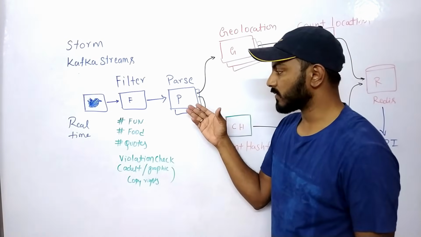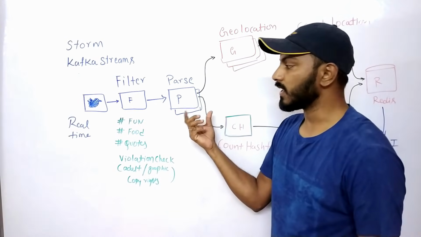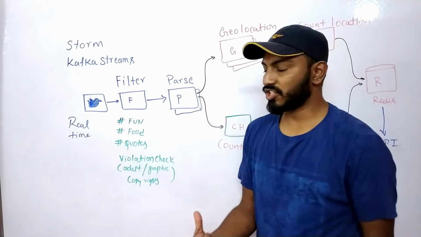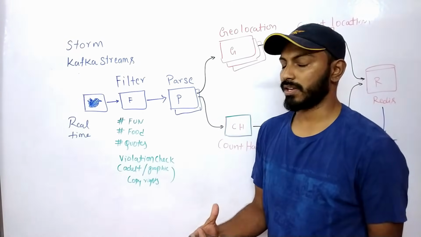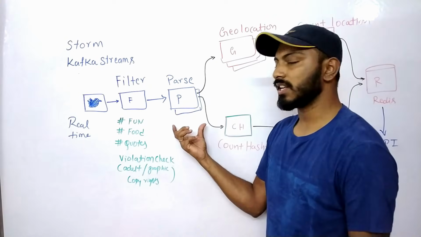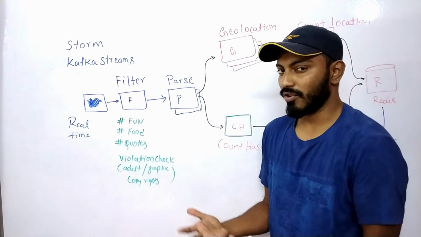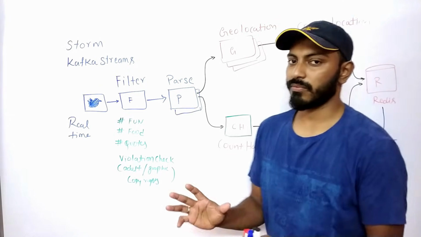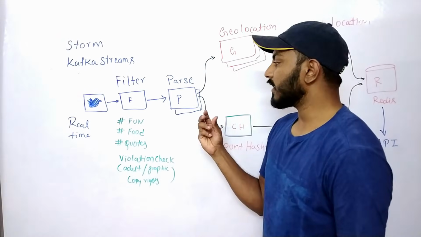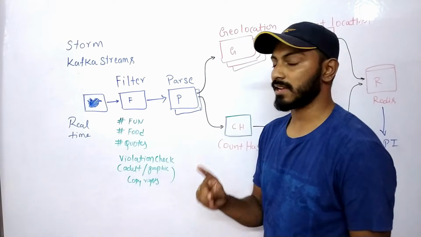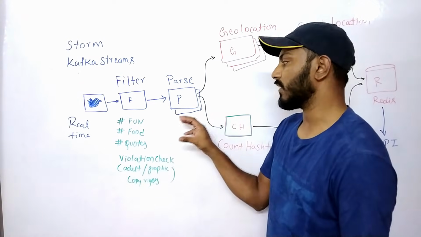So what this parse operator does is, it parses the tweet. Not every user mentions a hashtag in a particular tweet. In that case, Twitter needs to figure out an appropriate hashtag by doing some kind of natural language processing. And then we need to assign a hashtag to it. It makes sure that at least one hashtag is associated with any given tweet.